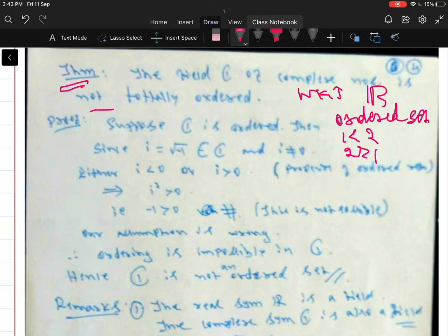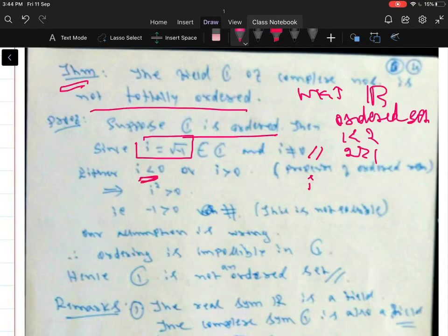The theorem statement is the field C of complex numbers is not a totally ordered set. Suppose, let us take an assumption. We assume that C is an ordered set. Since you know that i = square root of minus 1 belongs to complex numbers, and i is not equal to 0, and we assume that C is an ordered set, either i is less than 0 or i is greater than 0.